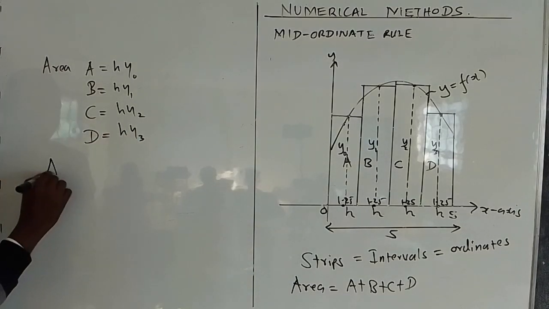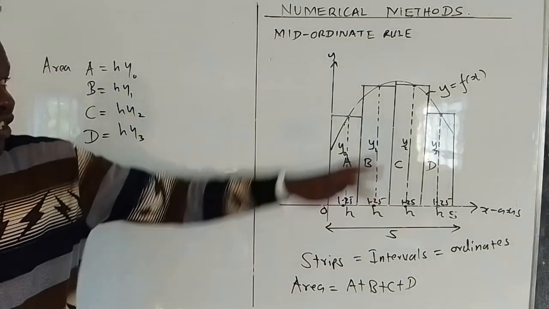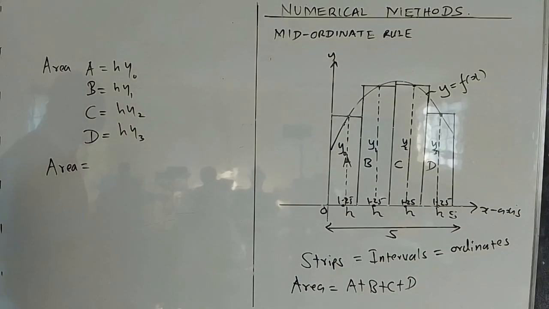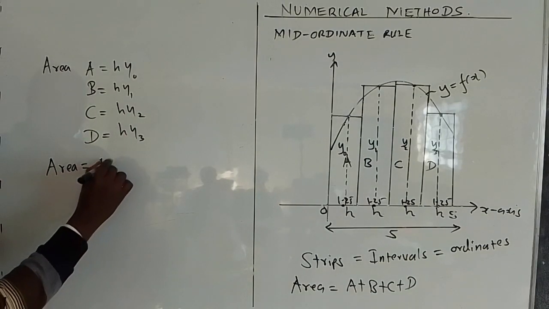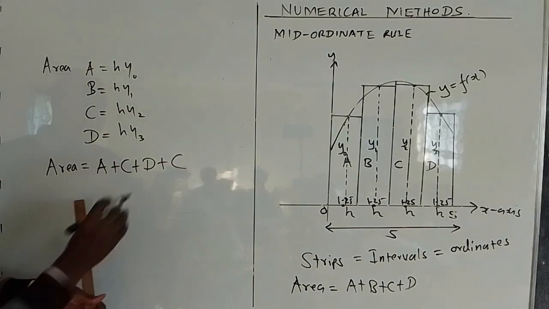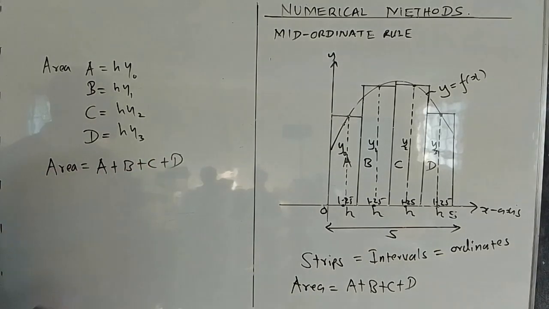So now what is the area under that curve? It is the sum of the areas of each and every strip, isn't it? So the area will be the area of part A plus the area of part B plus the area of part C plus the area of part D, isn't it? So what do we have?